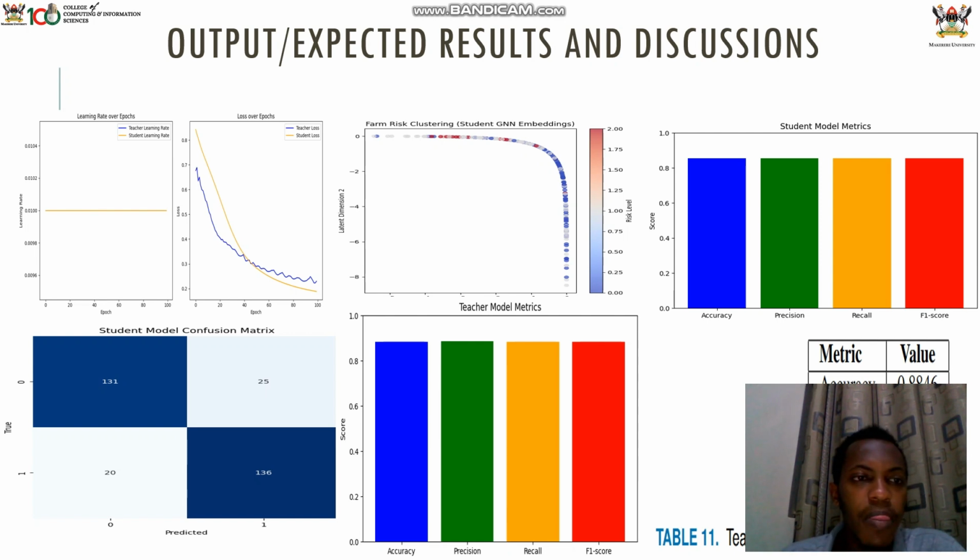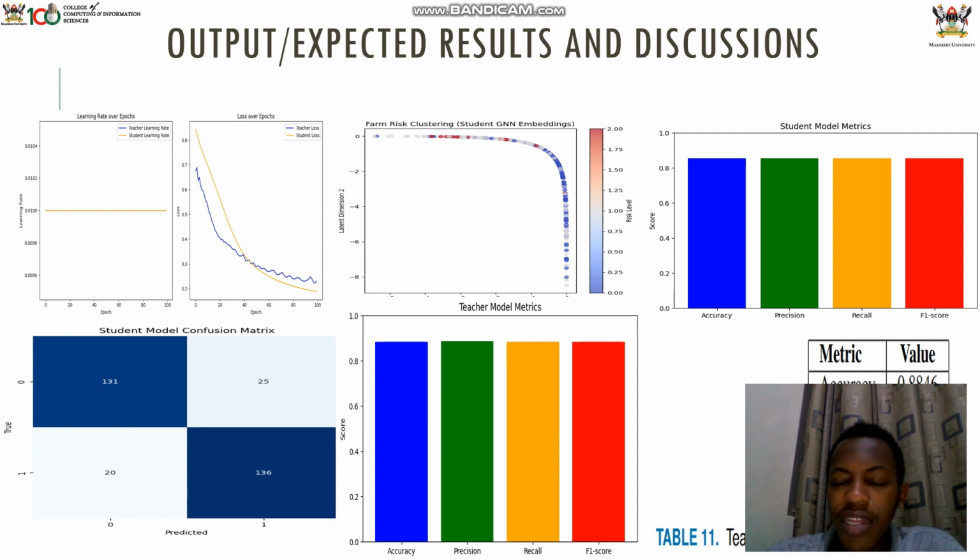If we look at the first graph, it shows the learning rate over the epochs and the loss over the epochs, then the farm risk clustering for the student GNN embeddings, the student model matrix, the student model confusion matrix, and then the teacher evaluation results.